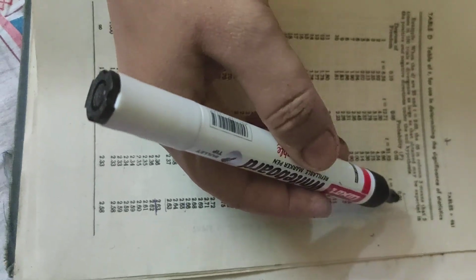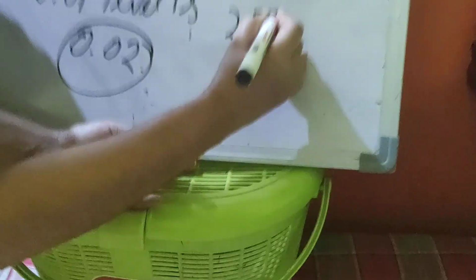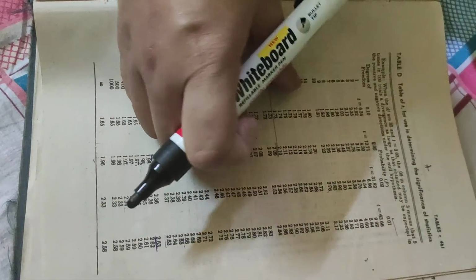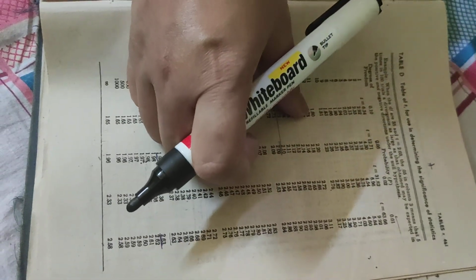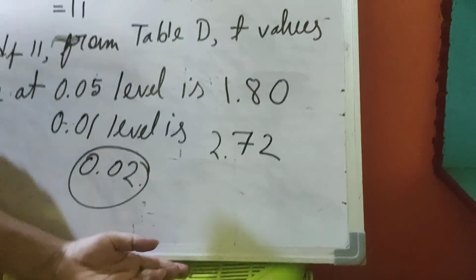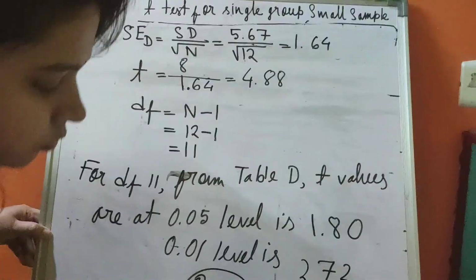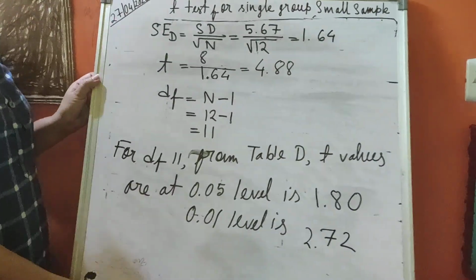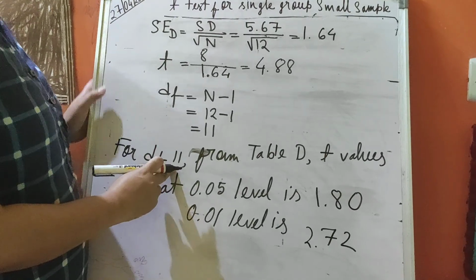So this 2.72 will be the value for the 0.01 level of significance, and the value at the 0.10 column, 1.80, will be the value for the 0.05 level of significance. This is what we got from the table for 11 DF.